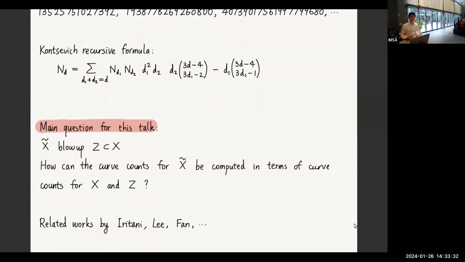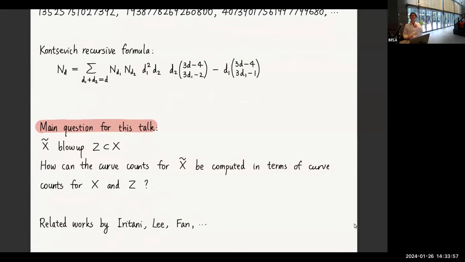So the main question for this talk is: when we have a blow-up X tilde of a smooth subvariety Z inside a smooth projective variety X, how can we count curves? How can the curve counts for X tilde be computed in terms of curve counts for X and Z?